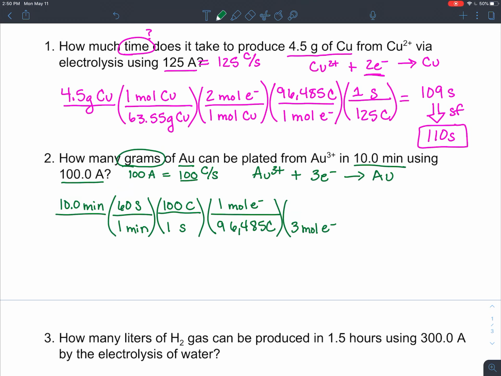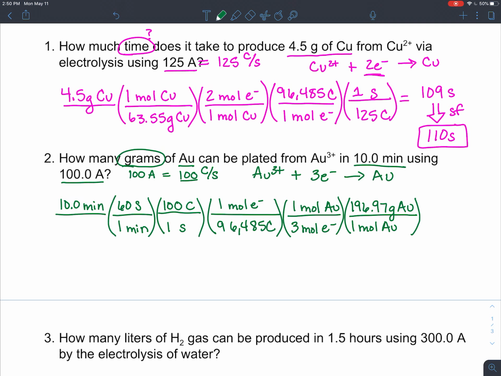And we have 3 moles of electrons for every 1 mole of gold. Finally, we need the molar mass for gold. So for every 1 mole of gold, we have 196.97 grams.